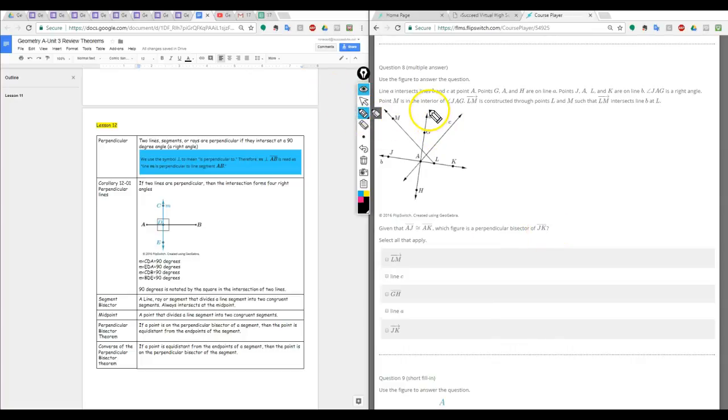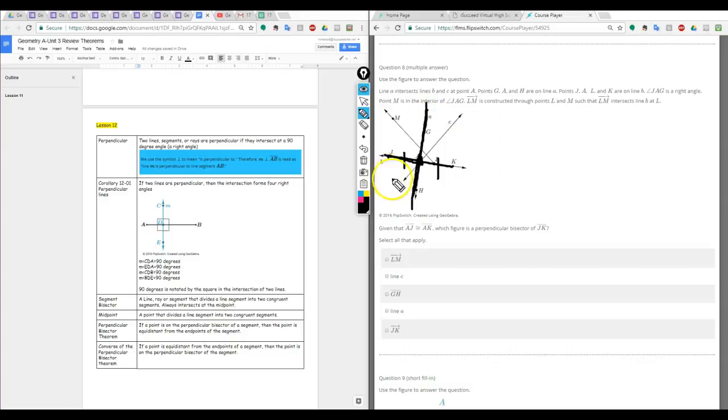Okay, so this was similar to 10. The perpendicular bisector means it's at 90 degrees and it cuts it in half. And we know that AJ is congruent with AK. So what point goes through the midway point, which is A? What line goes through that? Line A goes through the midway point.